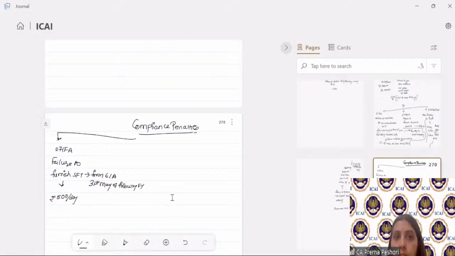So this is one penalty with respect to the statement of financial transaction, which is under 271FA. A penalty of 500 per day, during which the failure continues. And there is failure to furnish the statement of financial transaction within the time if the notice is given.